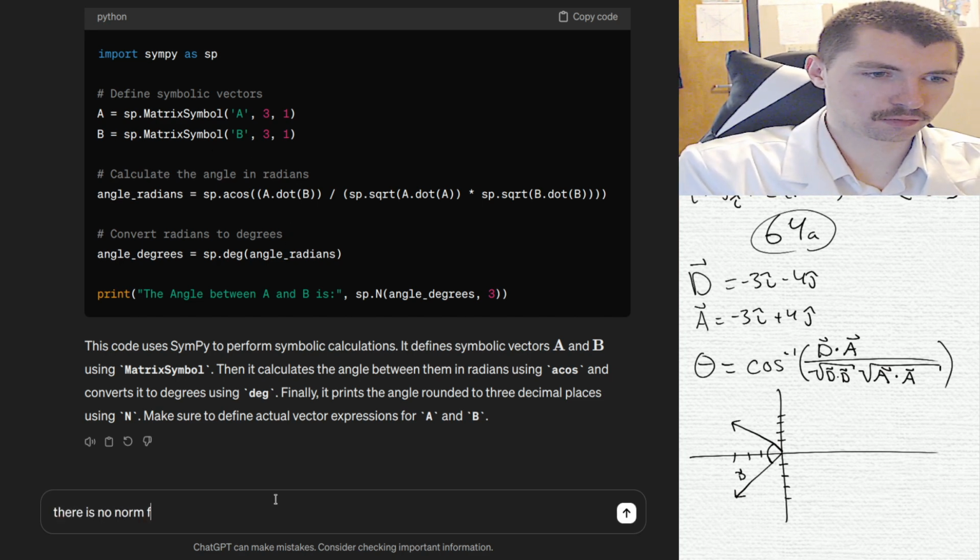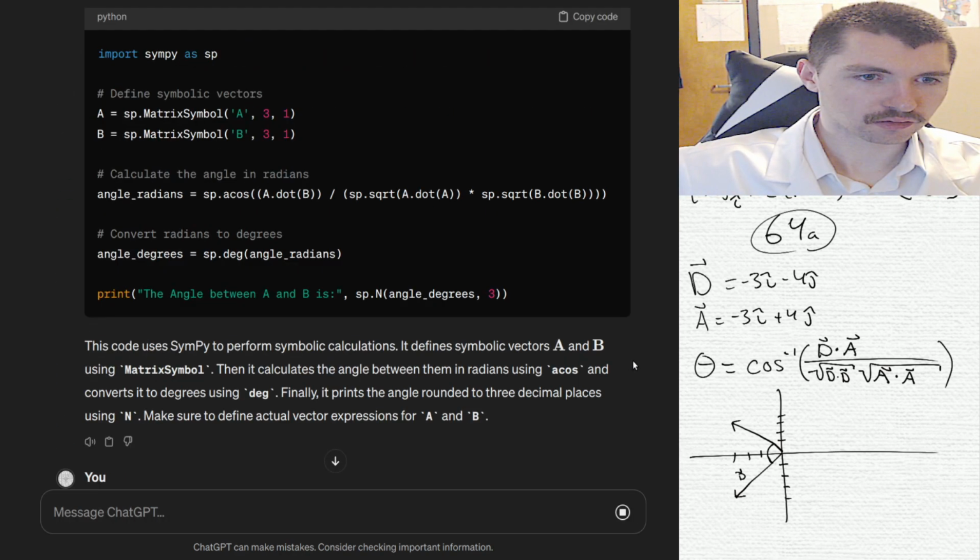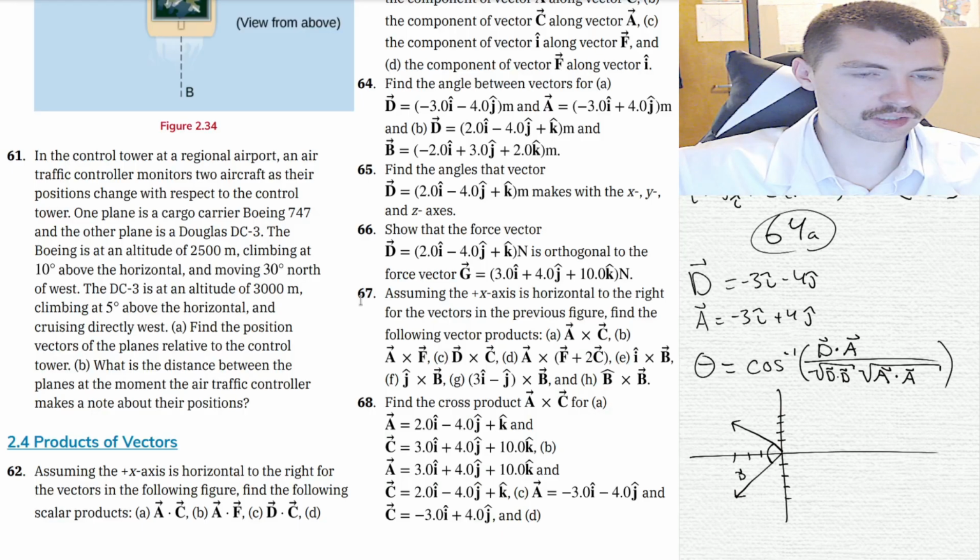There is no norm function in SymPy. That's lame. Okay. Dot degrees. Okay, so I can do dot degrees.